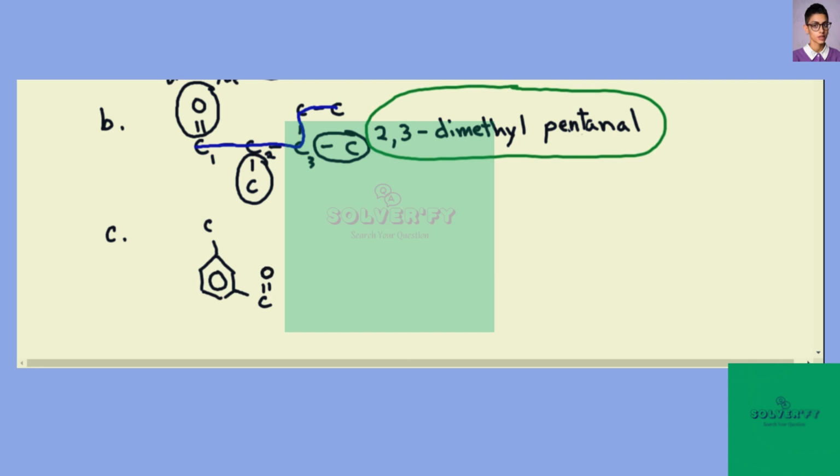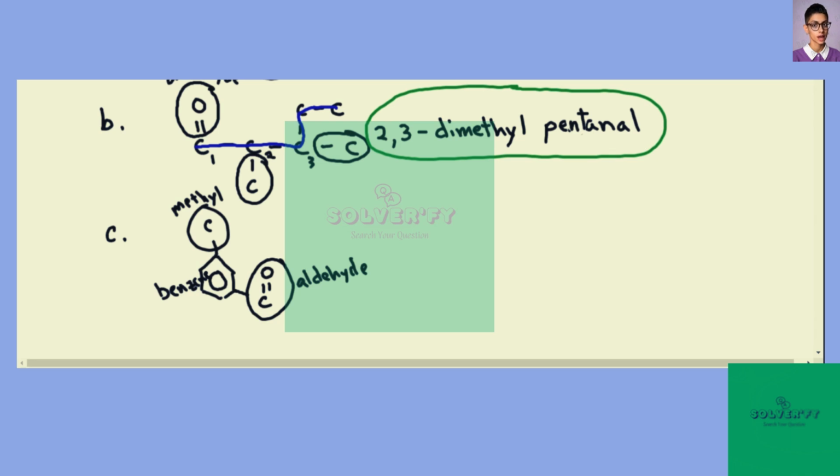Again, I'm not drawing in the hydrogens, but we have an aldehyde right here. We have a methyl group right here. And this is, of course, benzene here.